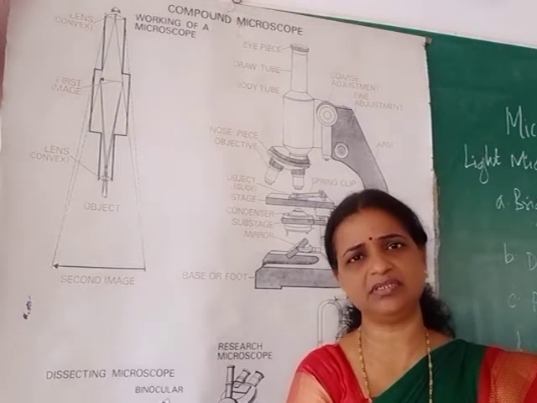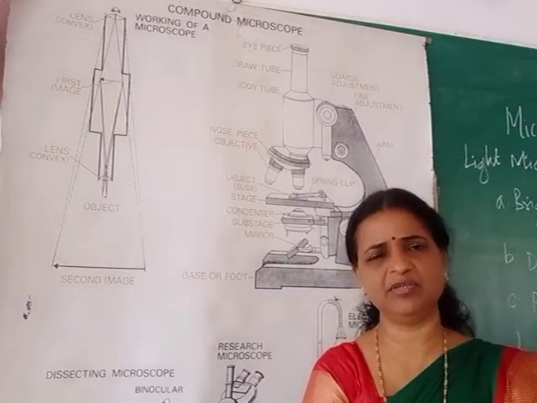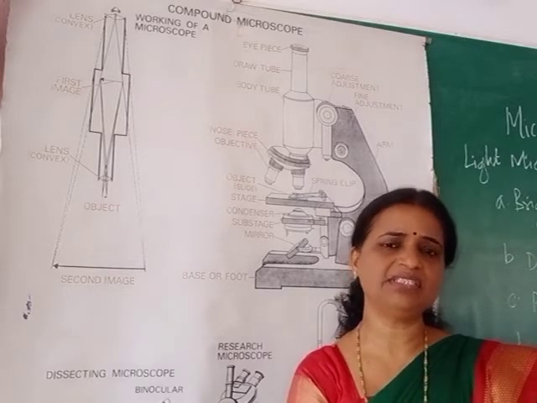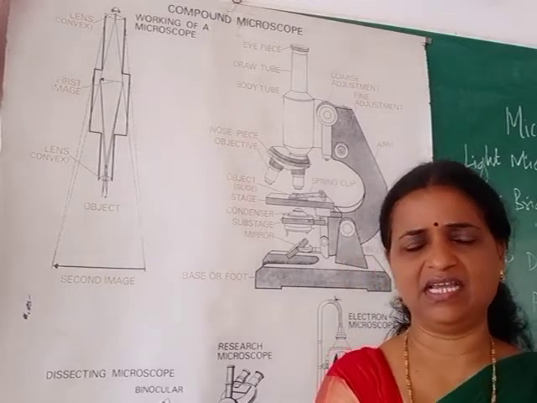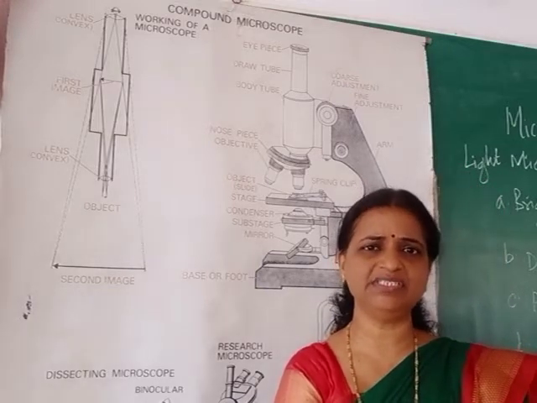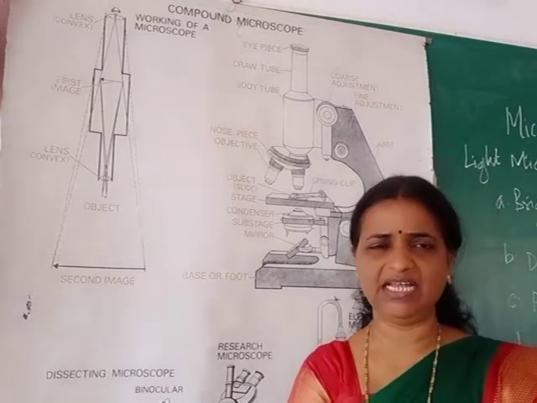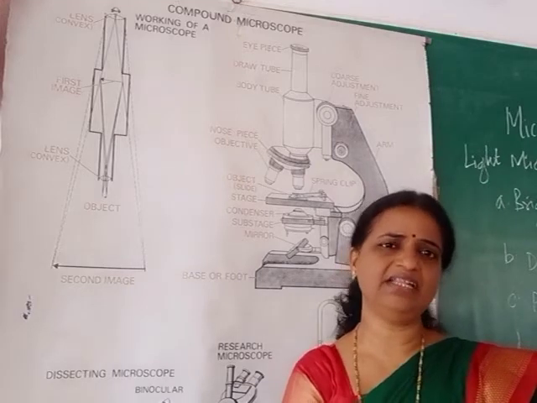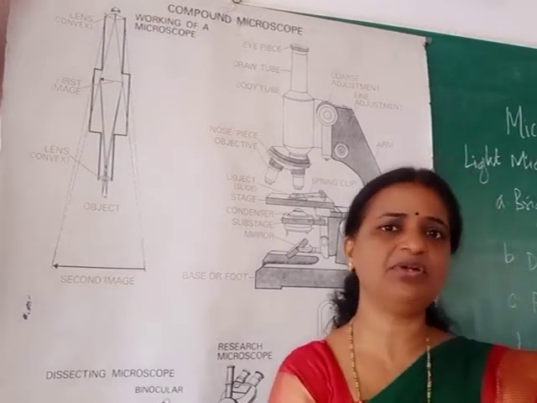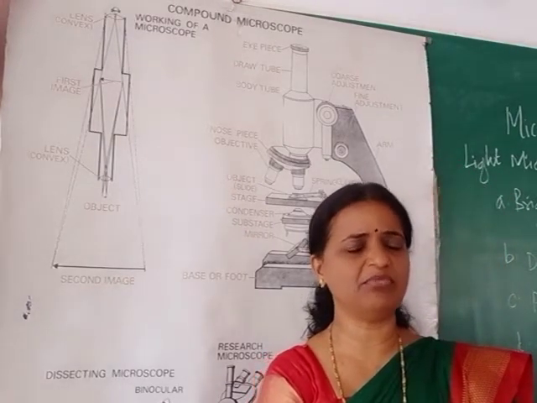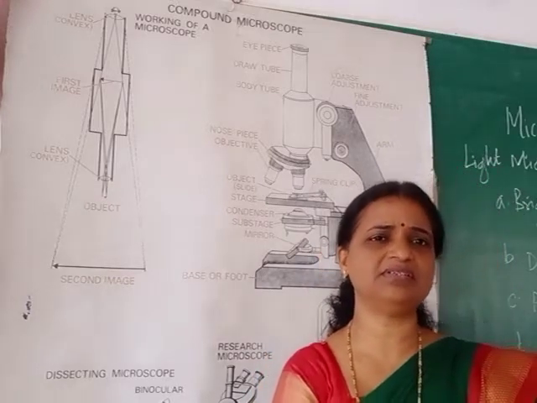In the development of microbiology, in the middle of the 17th and 18th century, Antony van Leeuwenhoek was the pioneer of compounding of lenses, and he was the person who first used the principle of combining lenses to observe minute objects. From his work, a number of scientists gave valuable contributions in the development of microscopy, and today we have a number of different types of advanced, high magnification power microscopes.